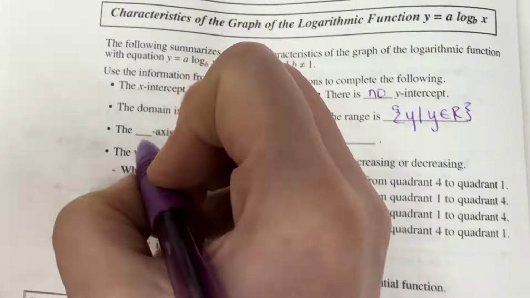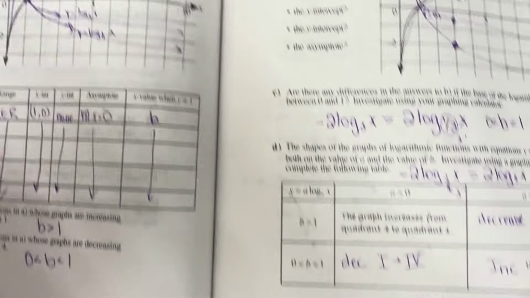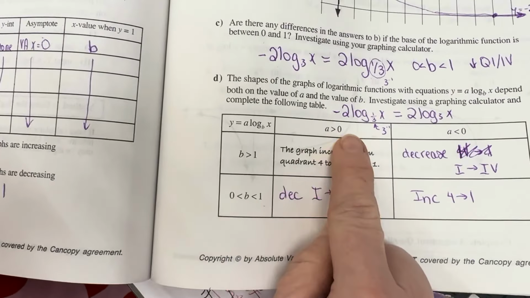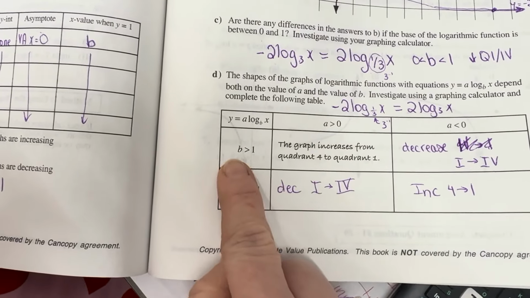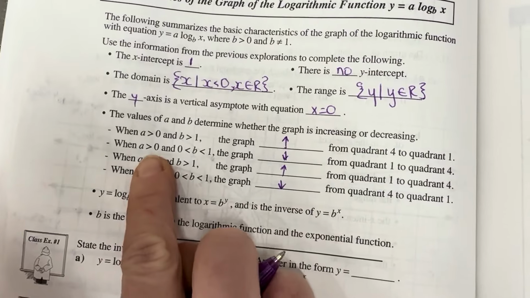All of this right here is from this graph. So this is the first one: a is greater than 0, b is greater than 1, so it's increasing from 4 to 1. The graph increases from quadrant 4 to 1. And then the other example, it went decrease, increase, decrease. I should double check that.